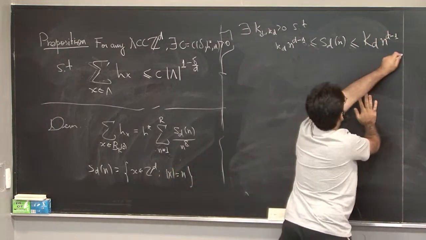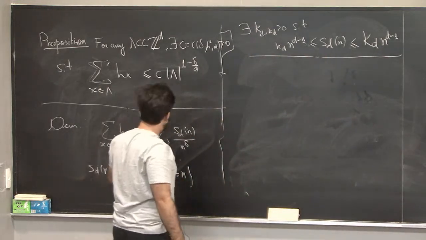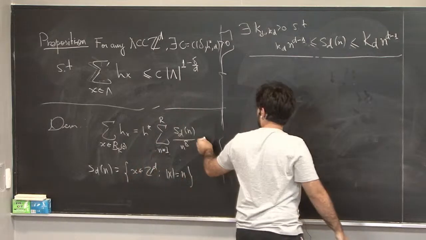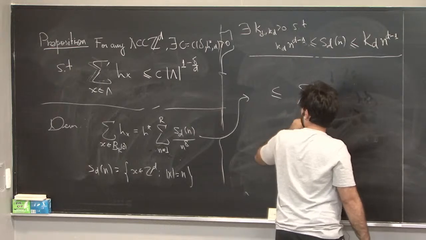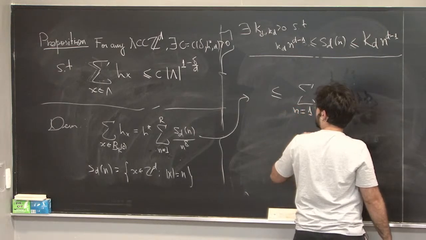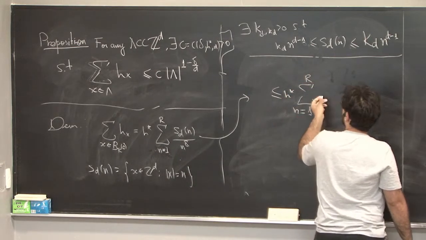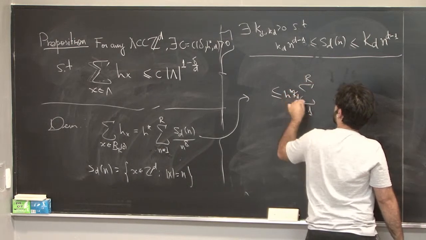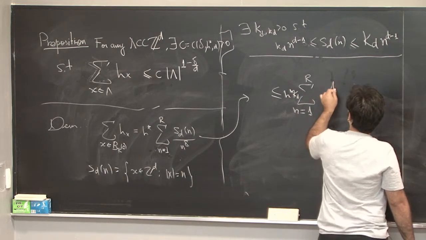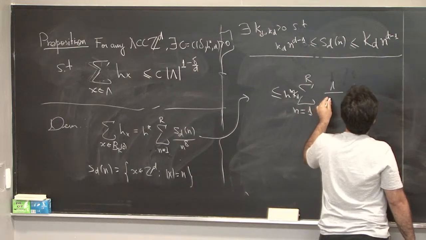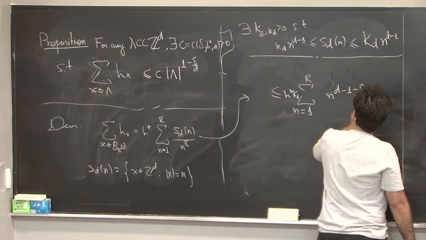So using this property in this sum, what I get is that this sum is less than the sum from n equals 1 to r of h star, times big K_d, times 1 over n to the d minus 1 minus delta.